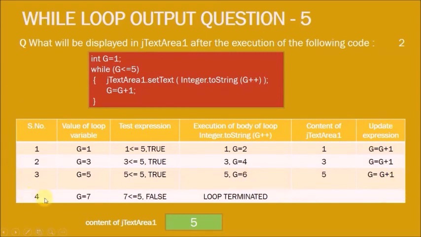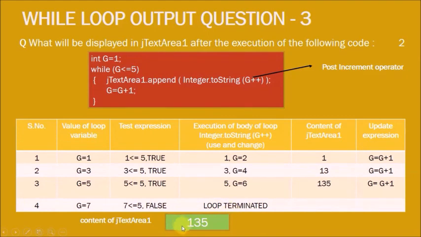And for the next iteration, the value of g is 7. Now again we will go to the test expression. 7 less than equal to 5 is false. So this iteration will not be executed and the loop will terminate. So we see the last content of JTextArea1, it is 5. You can see the difference between the two methods.